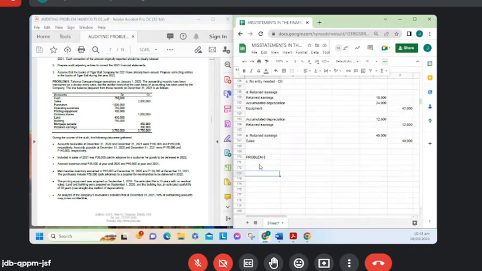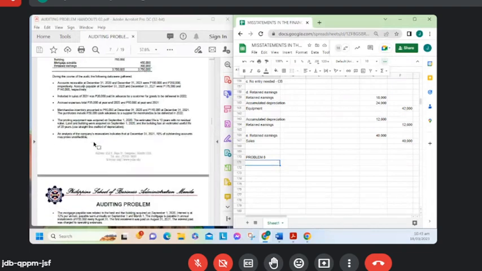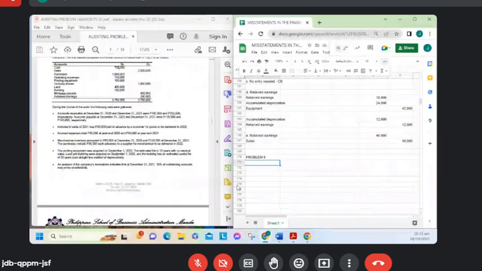So we have an error here. So let's prepare the audit adjusting entries.